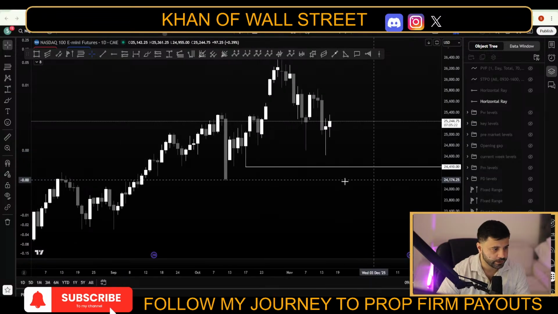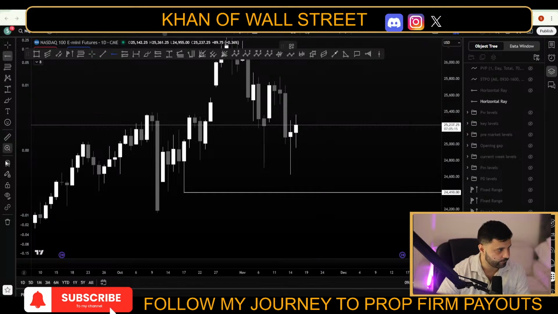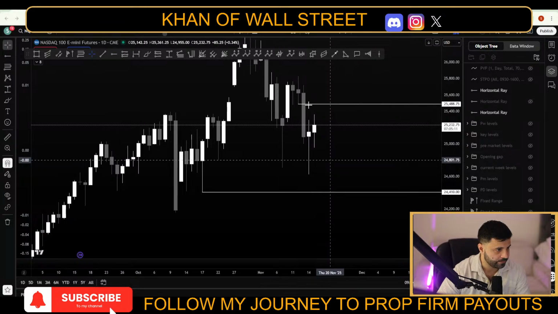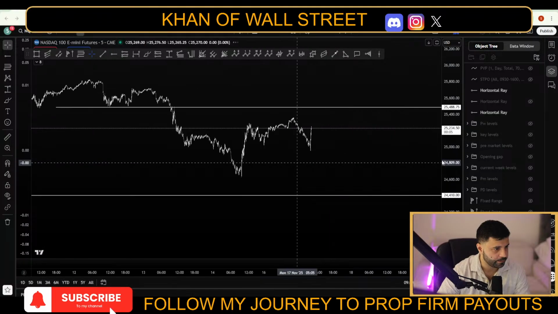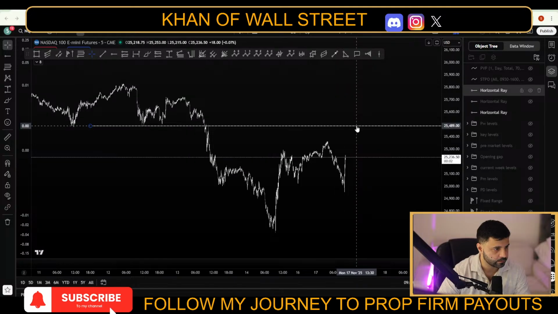We'll get 2 daily closes under there, then I'm flipping bearish at that point. Right now, NQ's trying to fill this fair value gap. You see that? This is a daily fair value gap. The ICT fair value gap. So NQ could definitely go for that today.